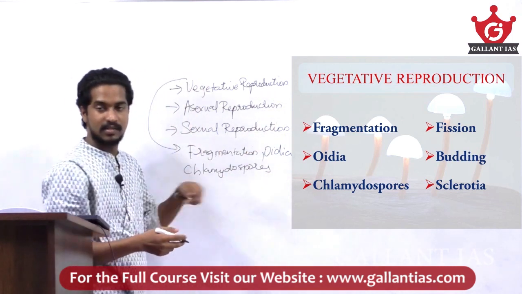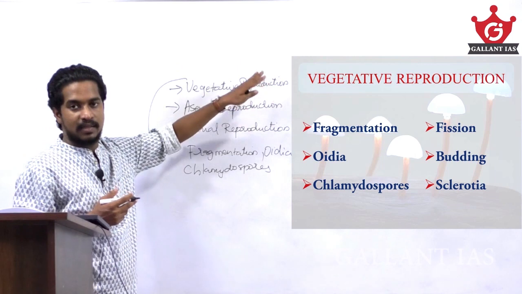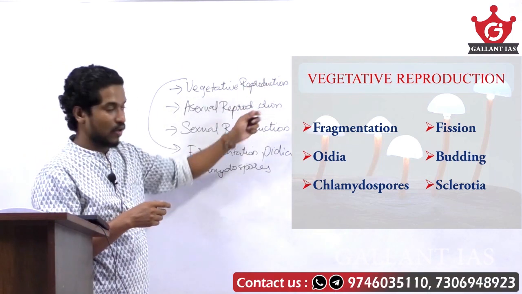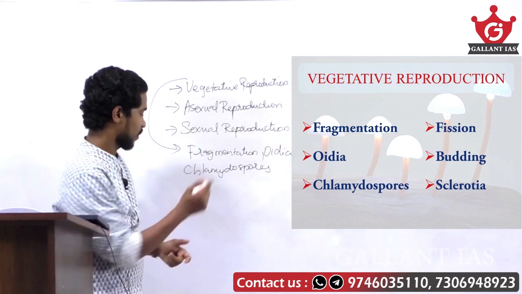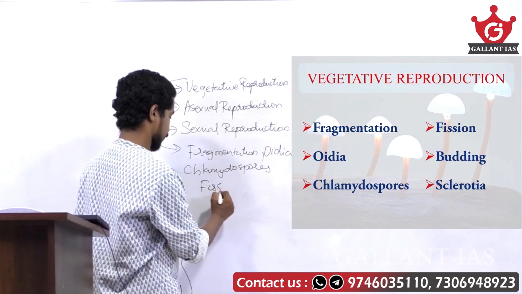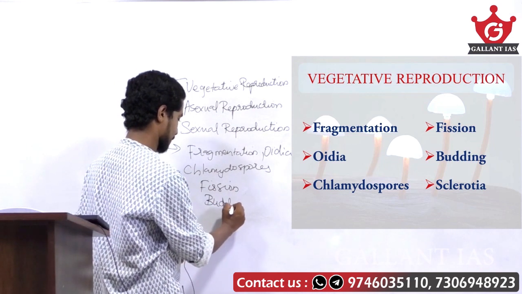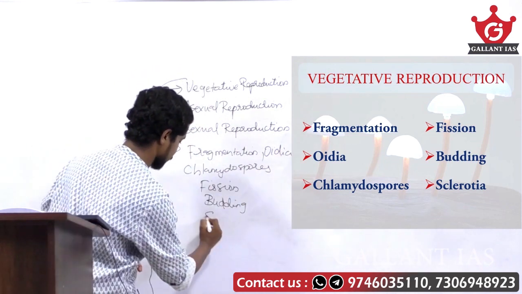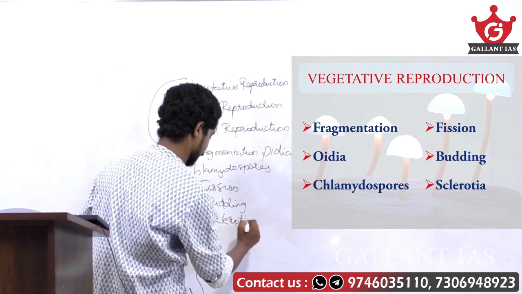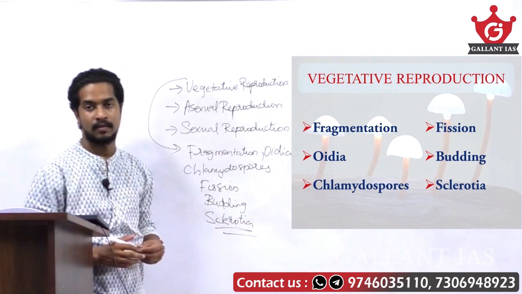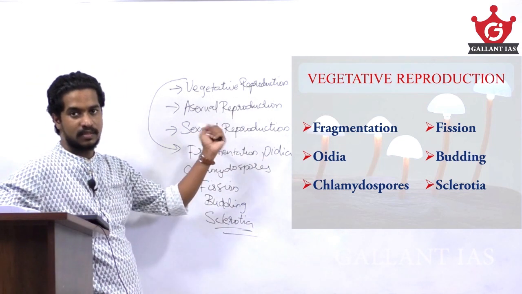We'll discuss all this in detail in the coming classes. Just to know, these are the topics you have to study under vegetative reproduction. Next are fission, budding, and sclerotia. So these are the vegetative reproductions in fungi.